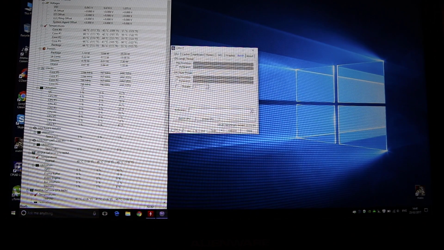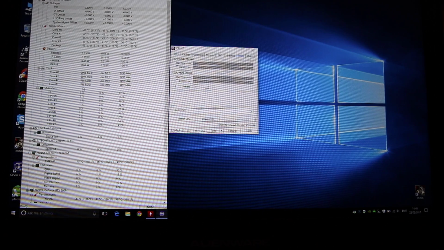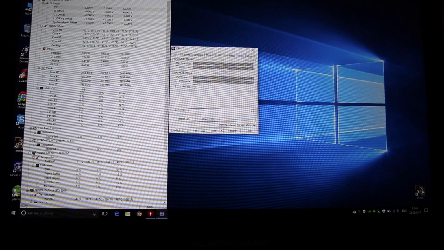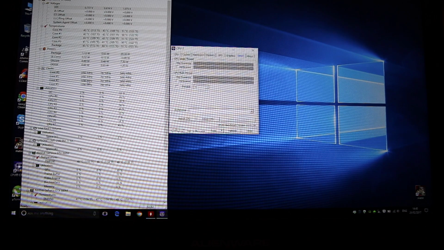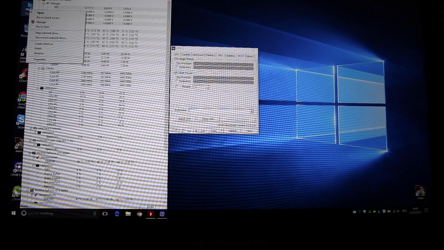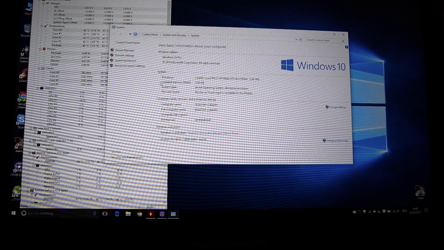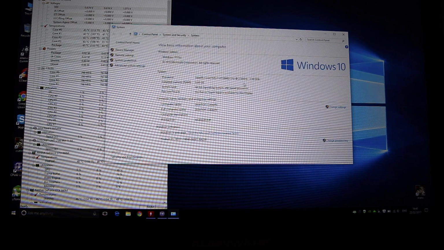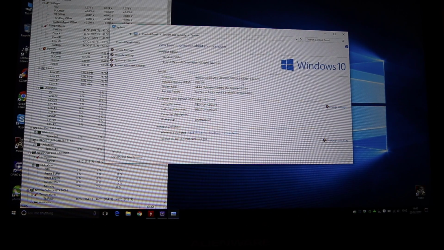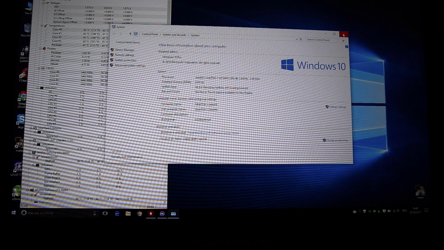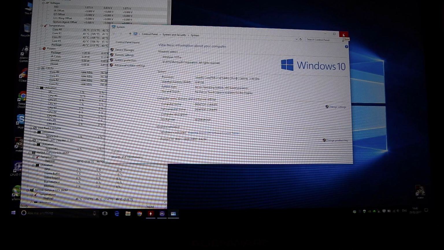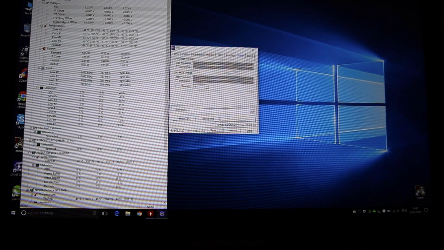So same thing, like 800 megahertz idle clock, and let me check. I think, yeah, 2.5 gigahertz is the normal clock, and I think in turbo mode it's 3.5. But let's stress the CPU.